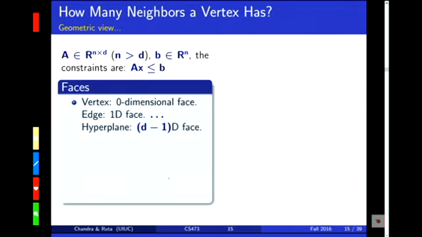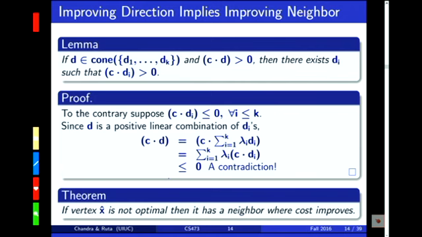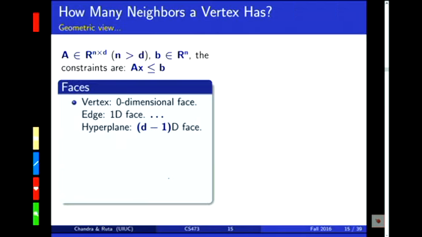We can go to one of the neighbors, but how many neighbors can there be of a vertex? Two, three. So let's see, it depends.